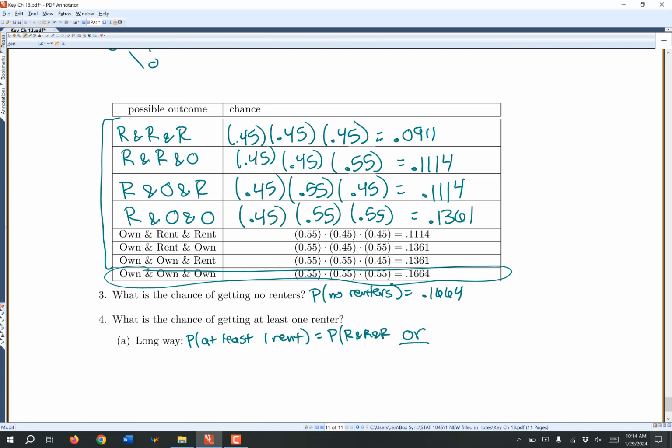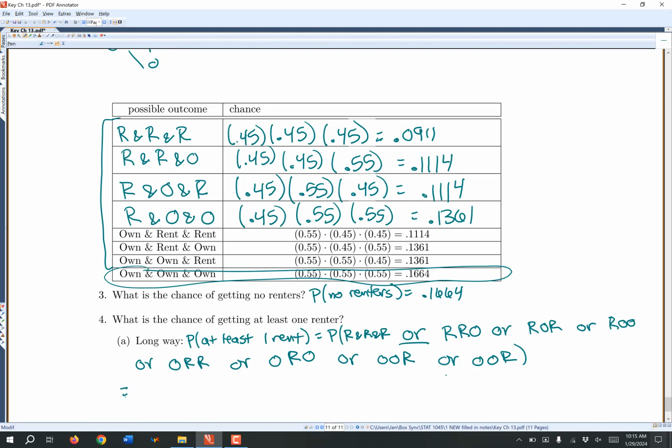Or, I could do rent, rent, own. Sometimes if we have ands, we just abbreviate like rent, rent, own. Or rent, own, rent. Or rent, own, own. Or own, rent, rent. Or own, rent, own. Or own, own, rent. I hope I wrote all 7. If I missed one, go ahead and just fill it in yourself.